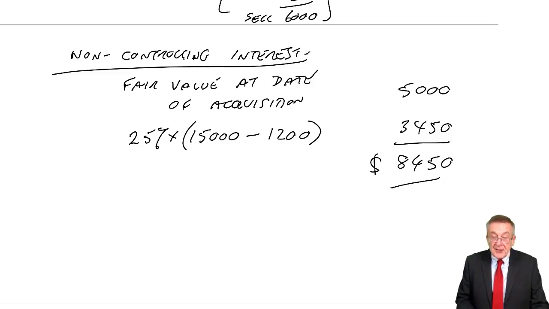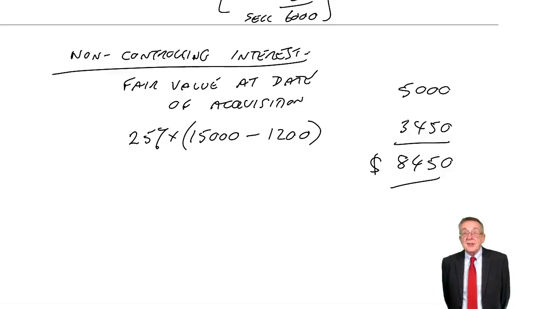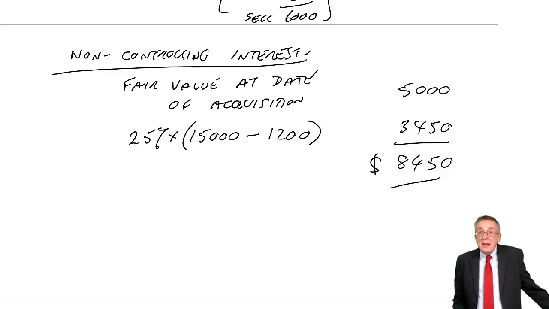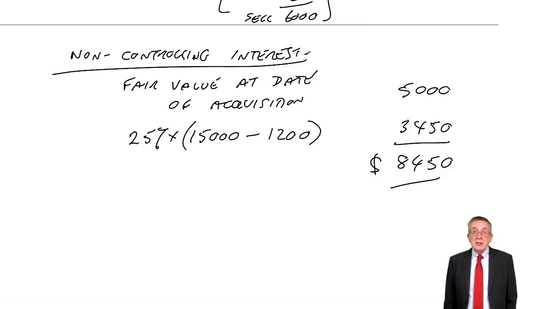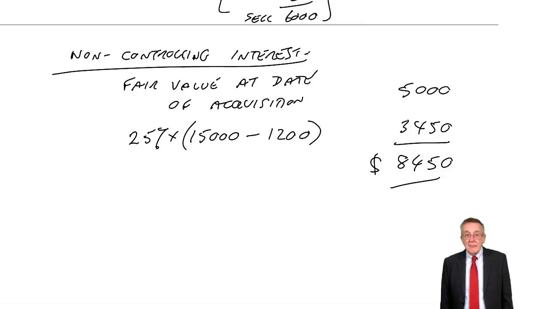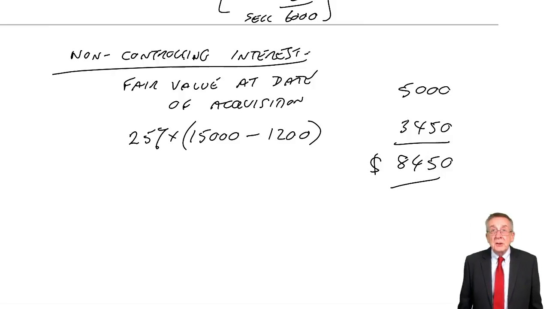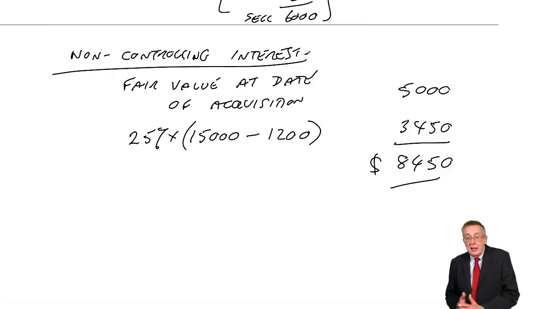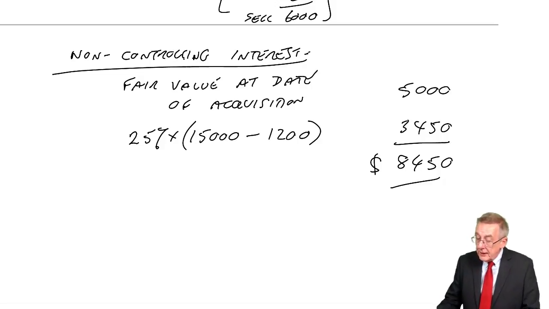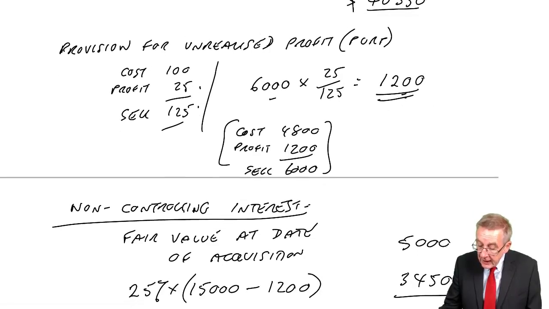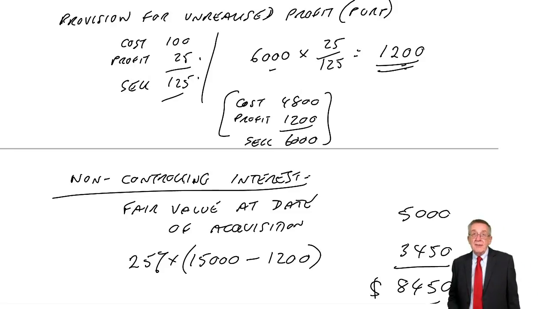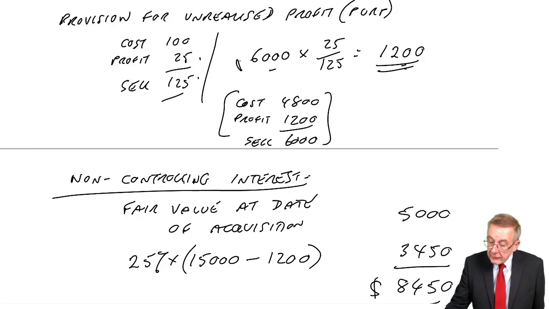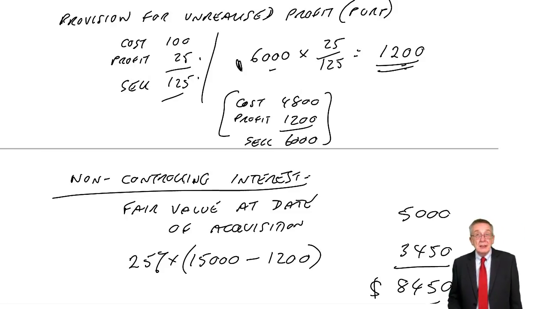P had bought goods for 6,000 from S. If those goods had all been sold, absolutely no problem. We don't need to make any adjustment. If half the goods have been sold, no problem on that half. It's only the other half where we'd have to look at the unrealized profit. If only half the goods were still in inventory, they would have cost P only 3,000. The unrealized profit would be only 600.